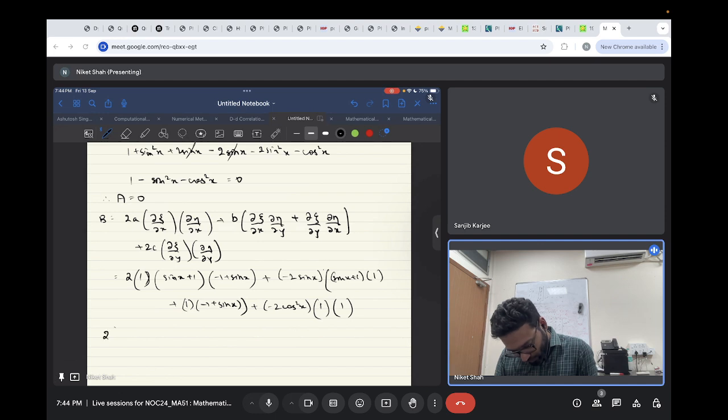So 2 into sine square x minus 1, plus, I'll take this inside, minus 2 sine square x minus 2 sine x. Same thing here, plus 2 sine x minus 2 sine square x.